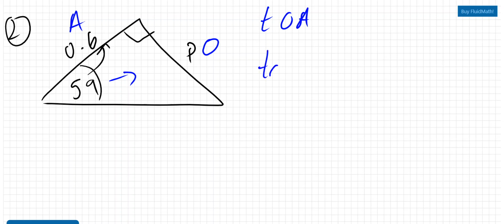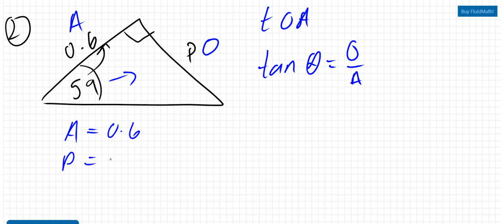So tan, just write the formula down, is equal to opposite over adjacent. Okay, and if it helps, state your variables. My A is equal to 0.6.